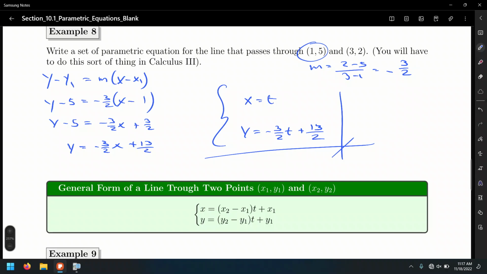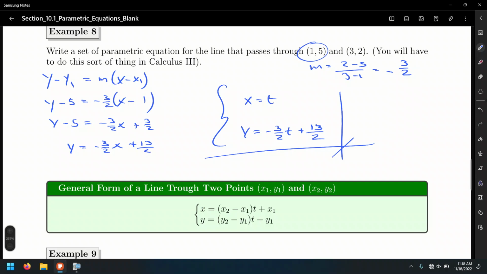However, that's a little time consuming, having to find the slope and then go back to the point slope form of the line to obtain the line, and then do the traditional way to parameterize by just letting t be the independent variable. It's fine. It's a valid parameterization. Again, parameterizations are not unique.